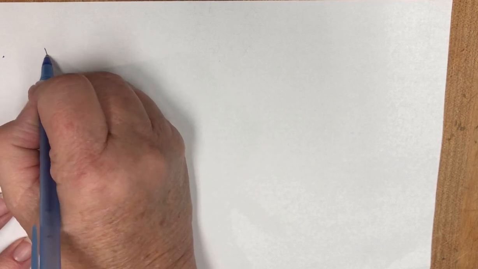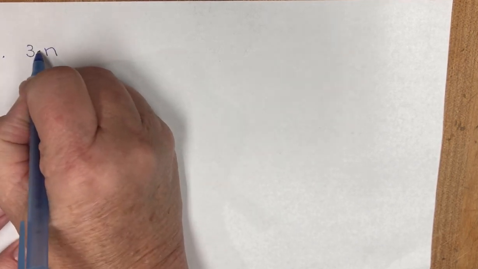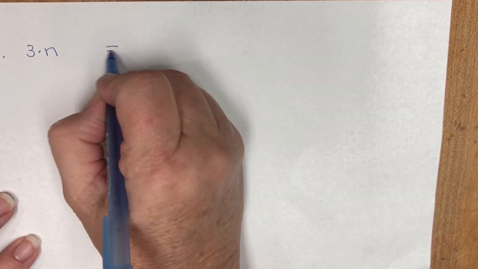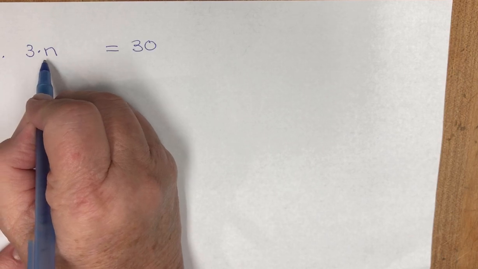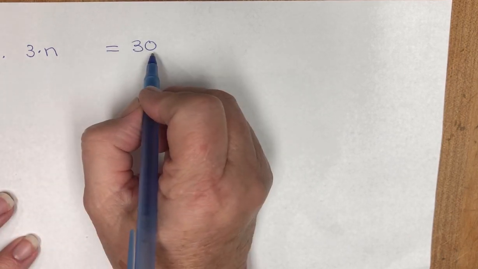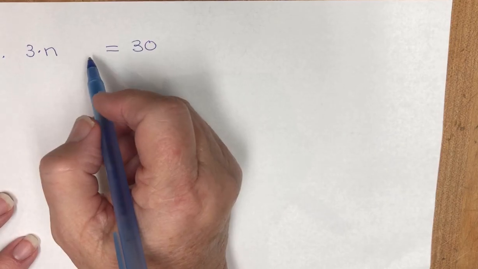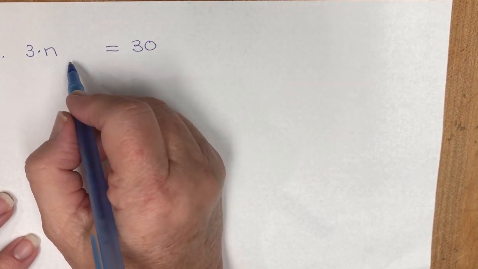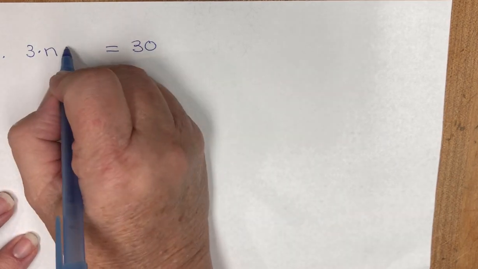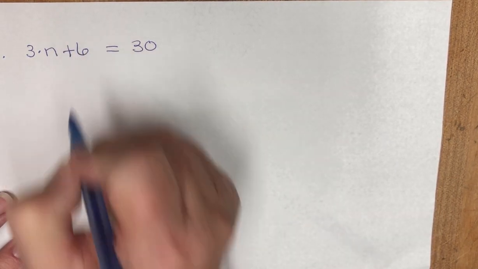So the product of a number and 3 would be 3n. We also can see very easily that it equals 30. So the product of a number and 3 is 30, but then they have one more thing in there. 6 more than the product of n and 3 is 30, so we're going to add plus 6.